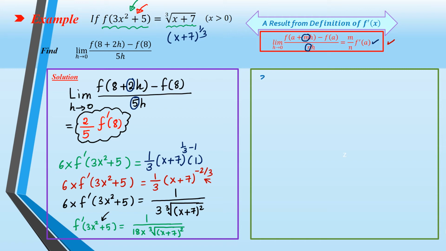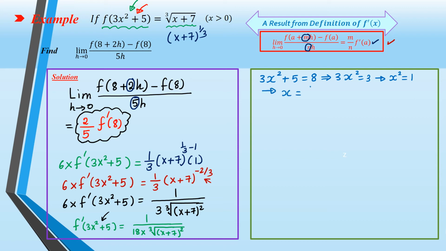So put 3x squared plus 5 equals 8. Subtract 5 from both sides, you will get 3x squared equals 3, divide by 3 on both sides, you will get x squared equals 1. Then you will get two values of x.